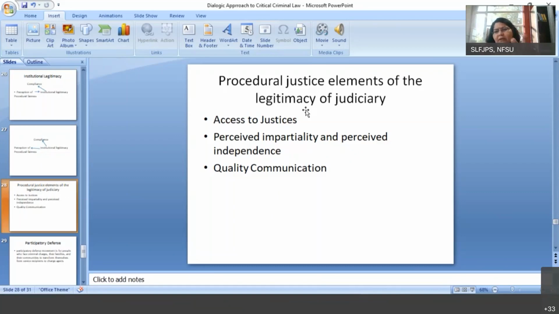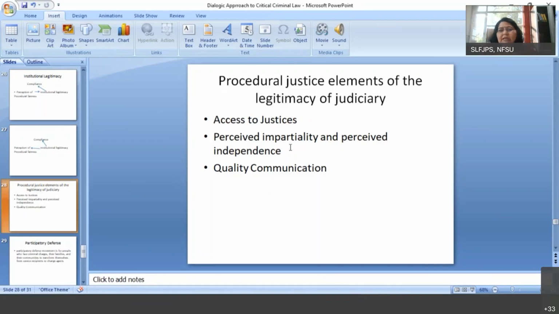So courts, police, parliamentarians, executives. Specifically, when we discuss the legitimacy of the judiciary, there are three things which are vital.